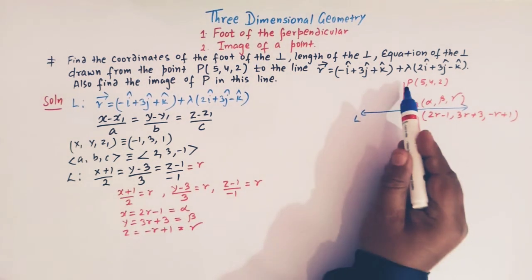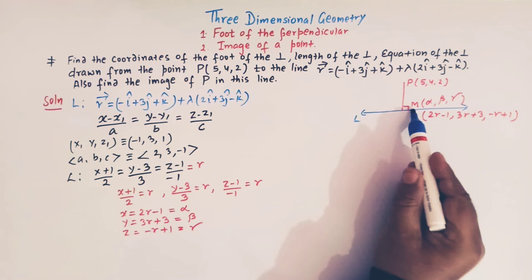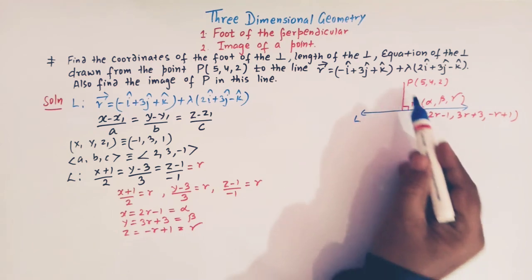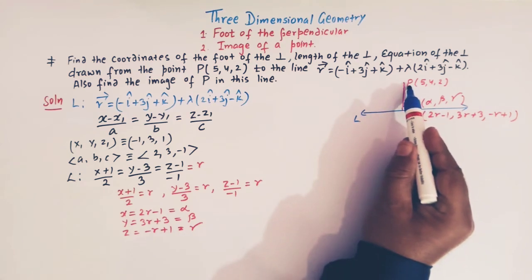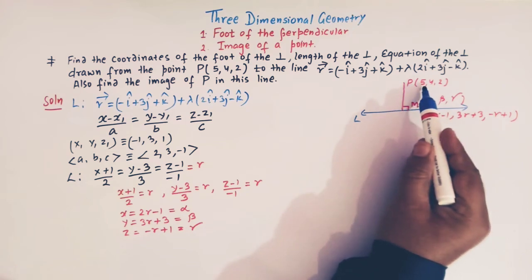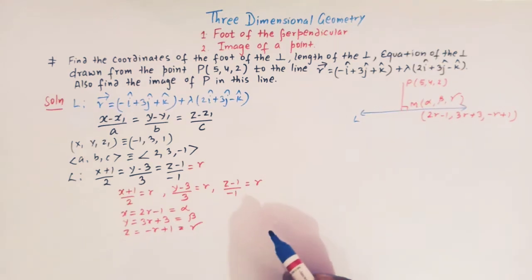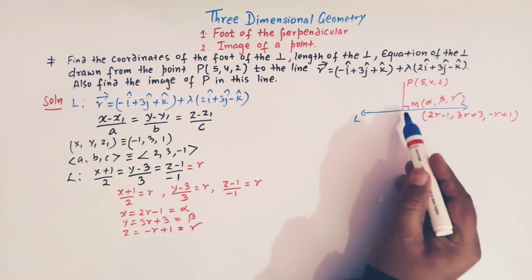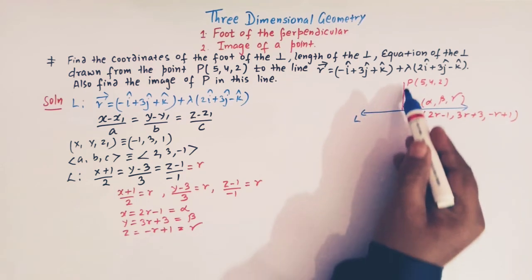So now we have the coordinates of M in terms of r, and the coordinates of this point P are given as 5, 4, and 2. Now let us find the drs of this line PM.